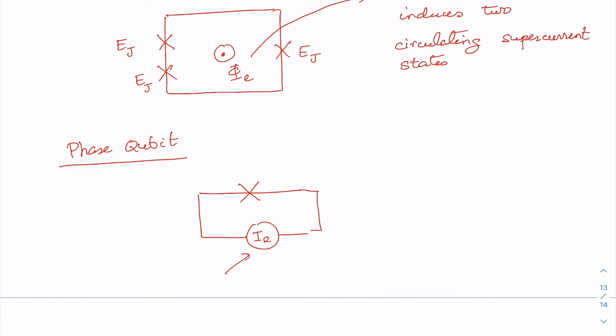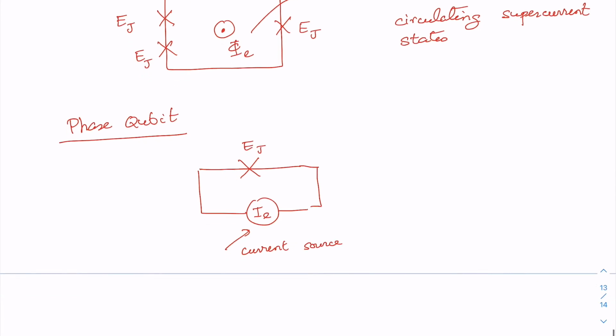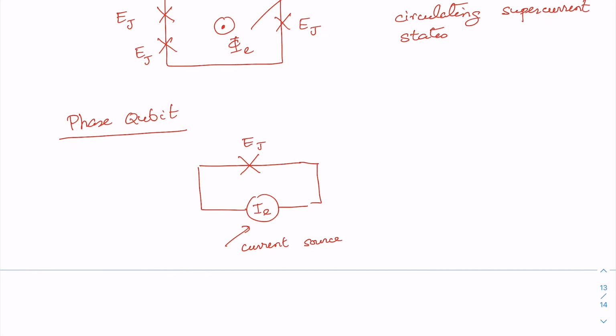This is the current source, and this is the Josephson junction. This qubit profits from the phase difference phi of the Josephson junction in the regime where EJ by EC is much larger than 1, and it is affected only by flux fluctuation.